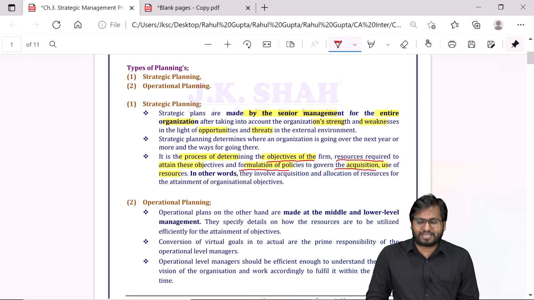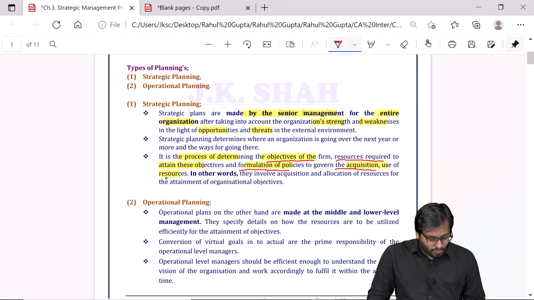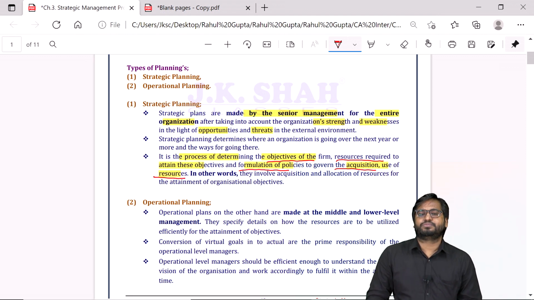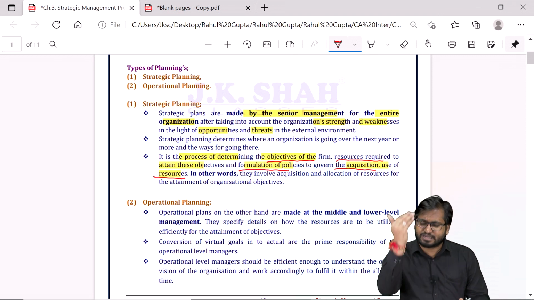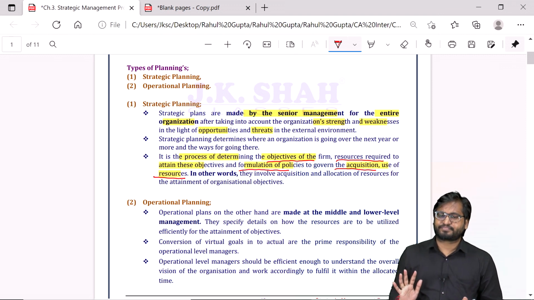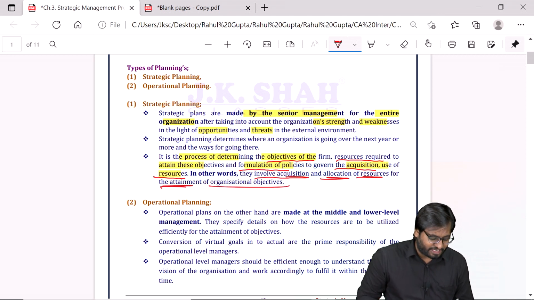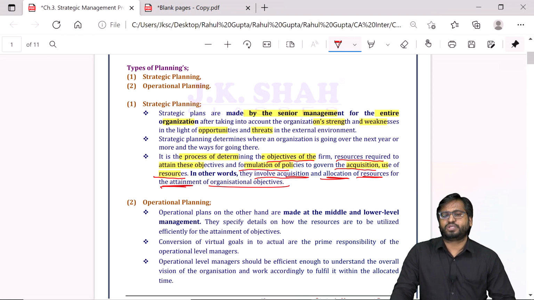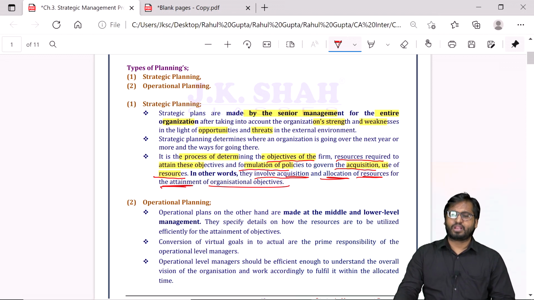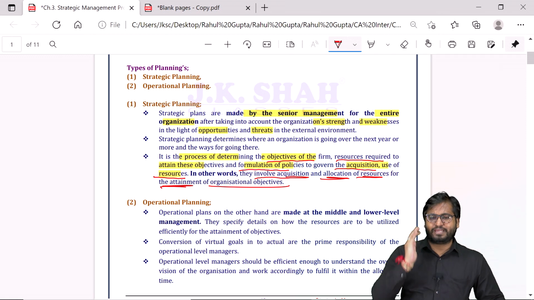How will we acquire the resources? How will we utilize those resources? All this comes under planning. In other words, they involve acquisition and allocation of resources for the attainment of organizational objectives. So this was strategic planning.